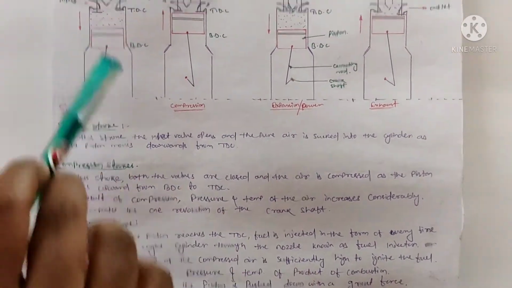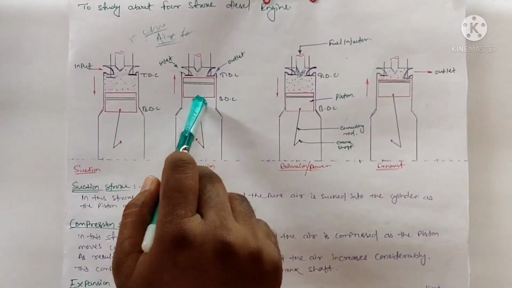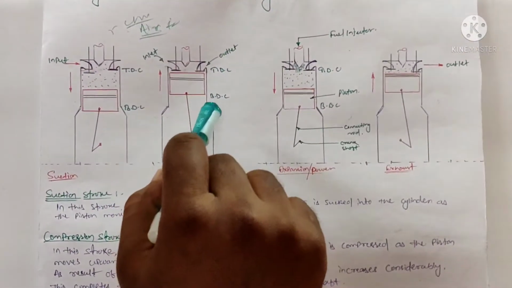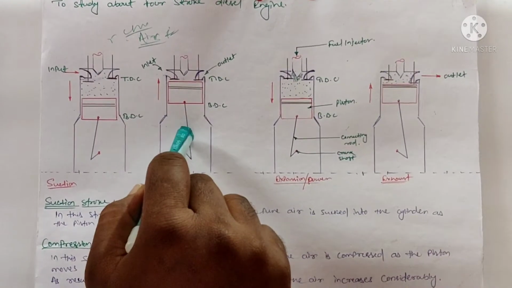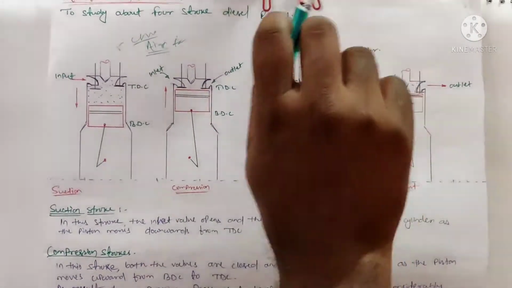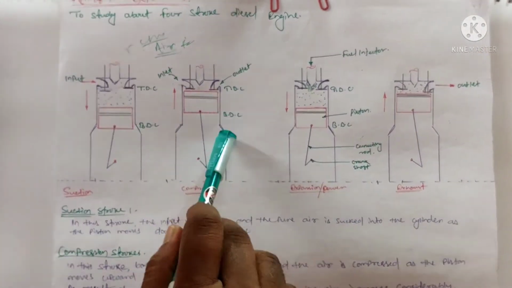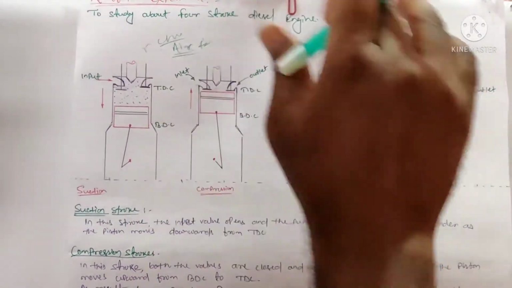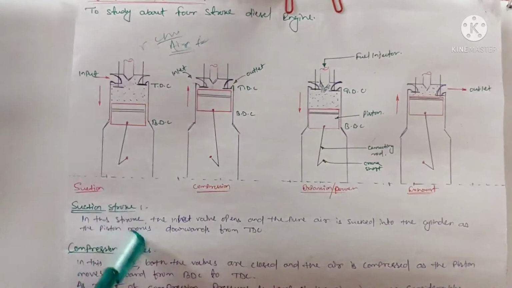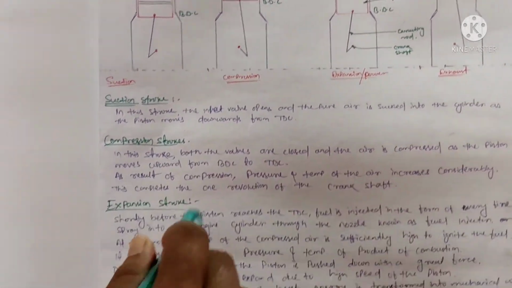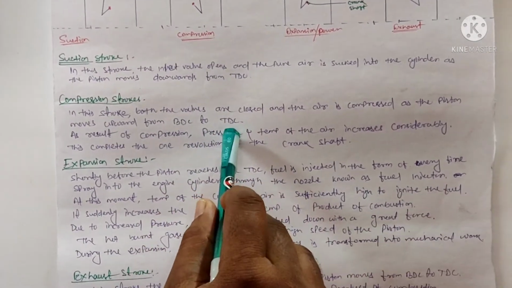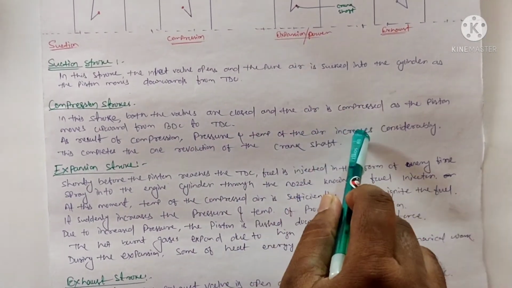If the piston moves from BDC to TDC, the fresh air present inside the engine cylinder is compressed and its pressure gradually increases. As a result of compression, the pressure and temperature of the air increase.